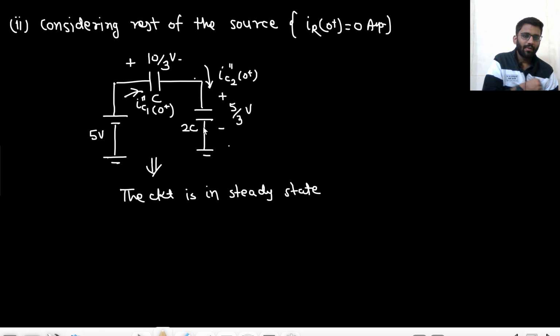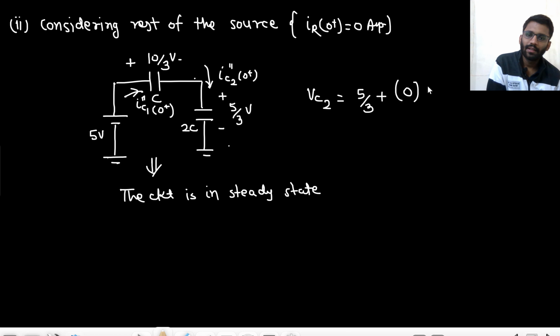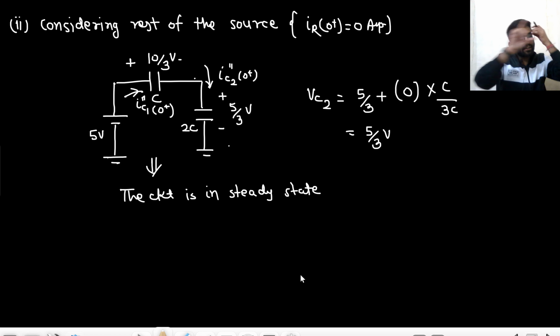Like if you remember, I have told you a method to write the capacitor voltage. Let's assume I am writing VC2. That means I will write the initial voltage plus the total voltage present in the circuit, that is 0 only, into the divide in inverse proportion. So the final answer I am getting is 5 by 3 volt. So initially 5 by 3, finally also 5 by 3.